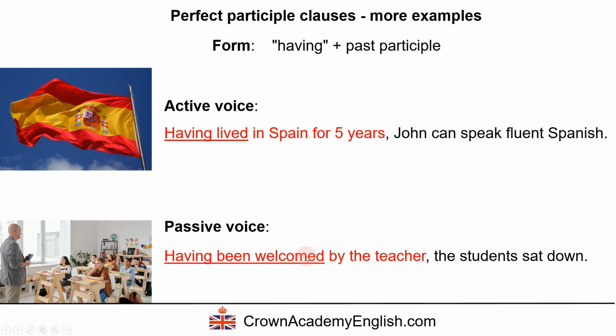Having been welcomed. So we have having, the past participle of be, and then the past participle of welcome. Having been welcomed by the teacher, the students sat down. Okay, so this is the passive voice of the perfect participle clause. So this happened first, and then this happened.